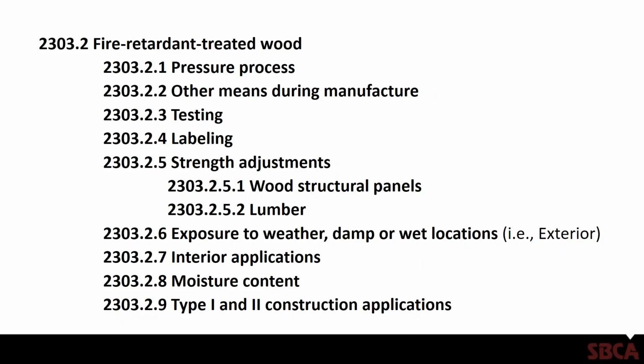And then 2.8 talks about the maximum moisture content for the product after the treatment has been applied. And then 2.9 refers you to the type 1 and 2 construction applications.